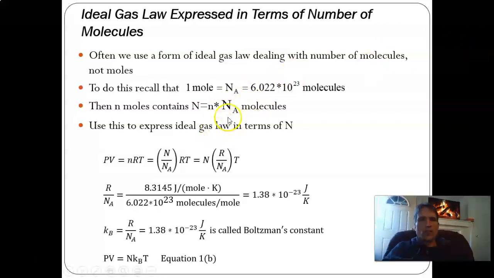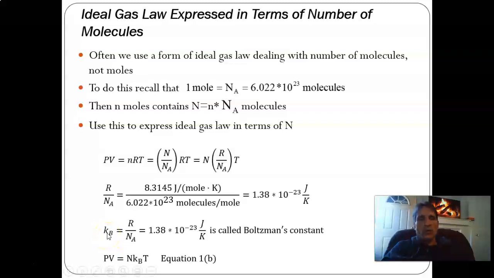And so if we plug this relationship in for little n, so the number of moles is the number of molecules over Avogadro's number, we get this form of the ideal gas law. And then if we combine this R, the ideal gas constant, with Avogadro's number, this becomes a different constant. It has units of joules per Kelvin, and this is called Boltzmann's constant, after Ludwig Boltzmann.